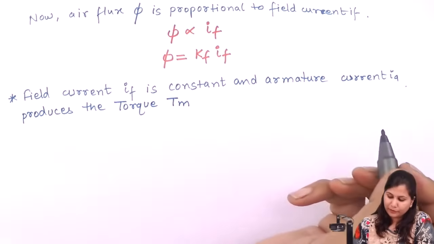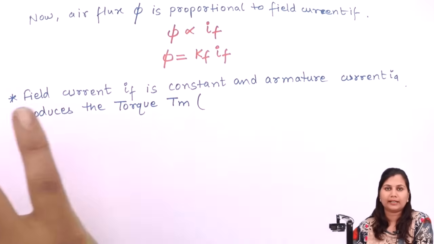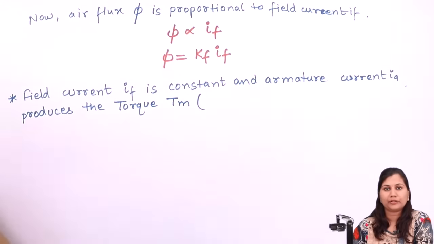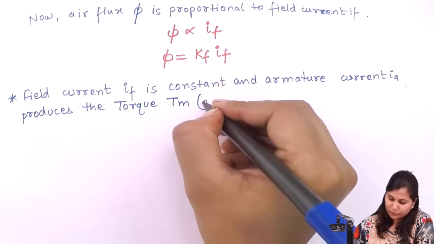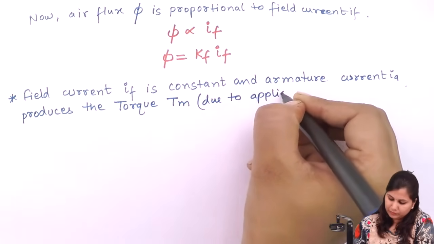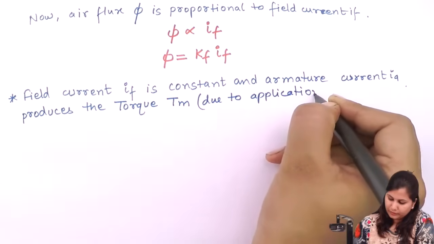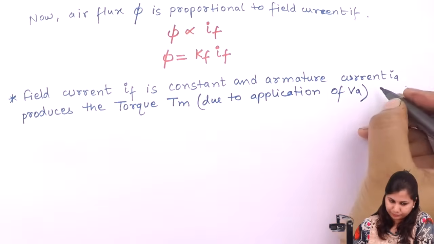Why is this torque produced? Because we are applying the armature voltage VA, and this armature voltage is being varied. So this torque is produced due to application of VA, that is the armature voltage.